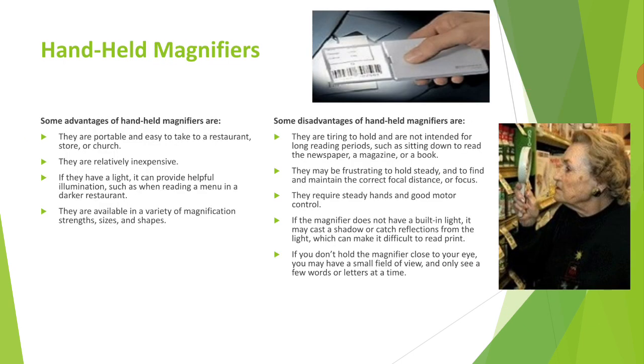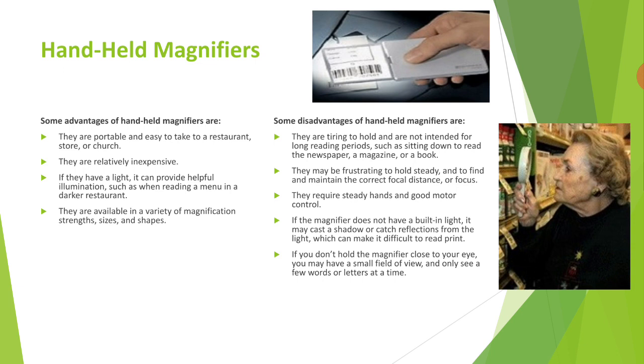Next, we have handheld magnifiers. Handheld magnifiers are especially useful for brief or spot reading and for portable use, such as reading a menu in a restaurant, prices or labels in a store, or small details at home.